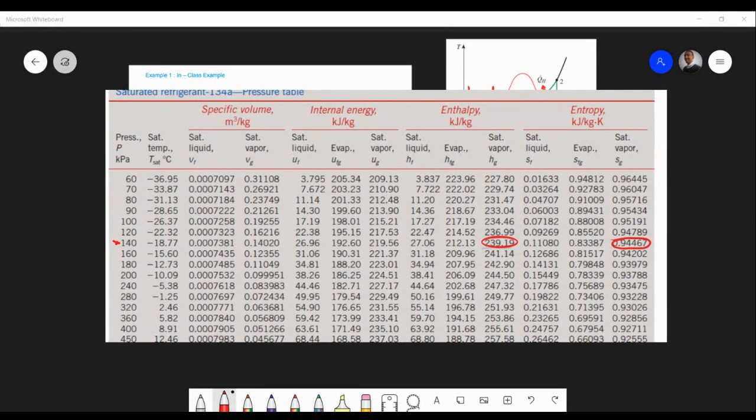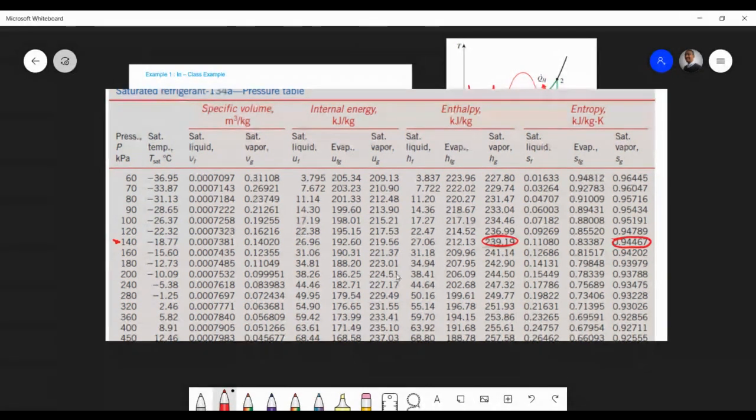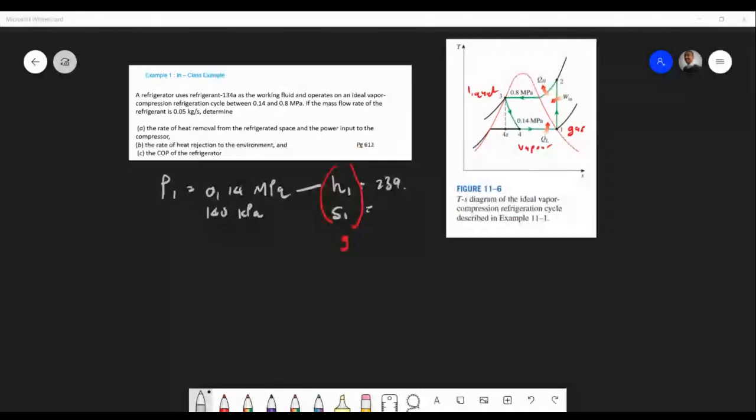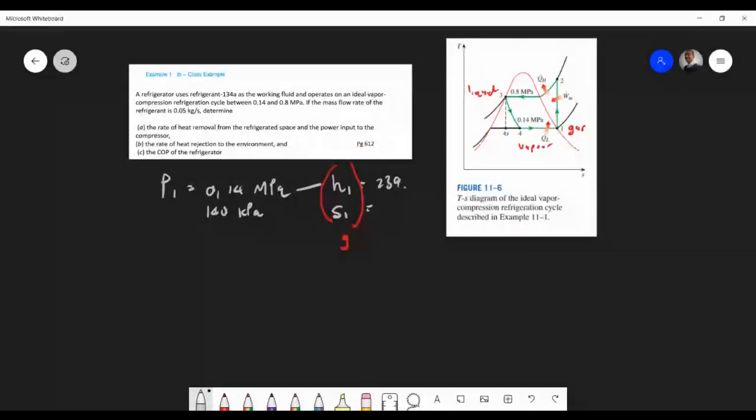So if you got that down, I'll quickly remove this. H1, what was it again? 239.19. Make sure you have your units there: kilojoules per kilogram.